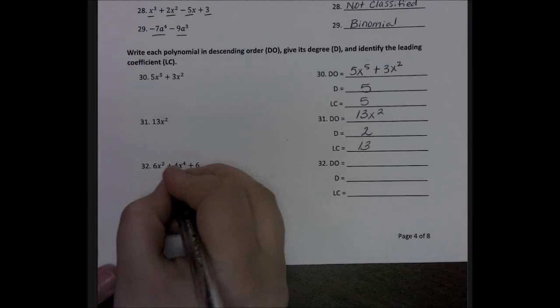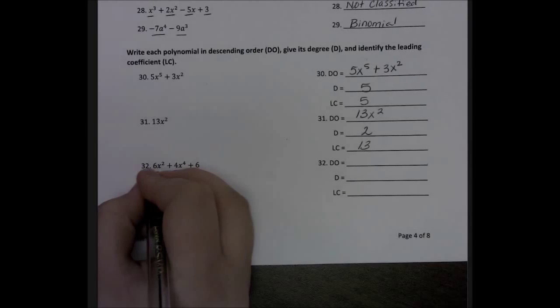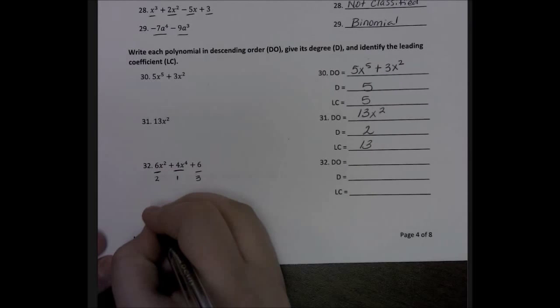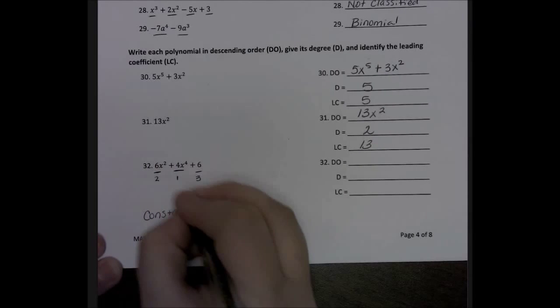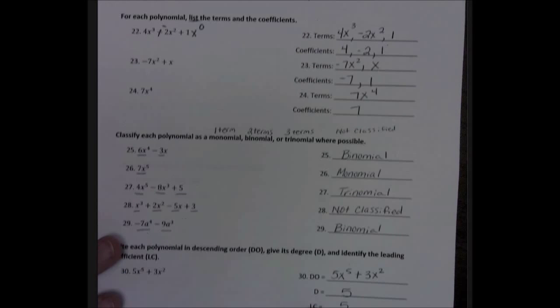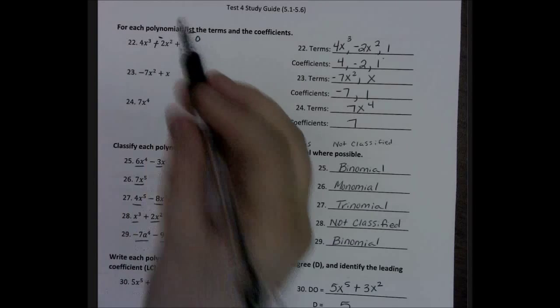Now we should have my x to the 4th first, my x squared second, and then your number by itself, called a constant, that would always go last, because remember, by the problem we did up here, if it's just a number by itself, it has an x to the 0 at the end.